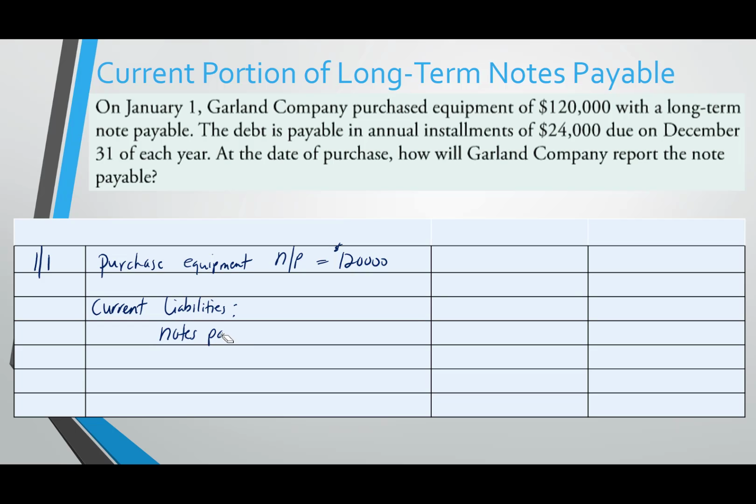So the notes payable we would have to deal with would be $24,000 for this current year, and we would classify the remainder as long-term.